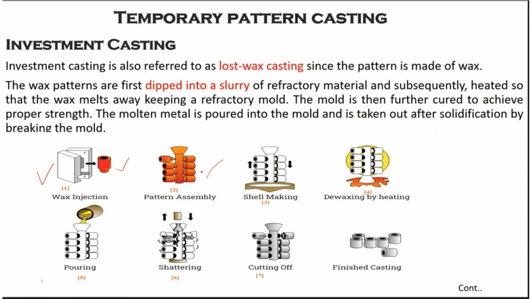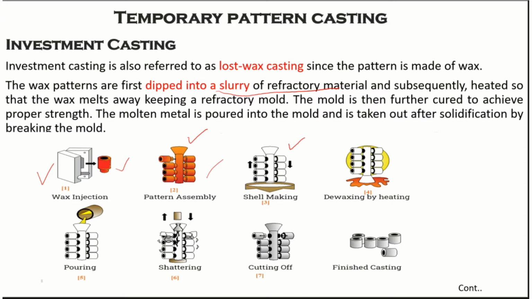So this will be dipped into some liquid known as slurry of refractory material. Once this is dipped into the slurry of refractory material up to a certain thickness, the mold will be prepared.